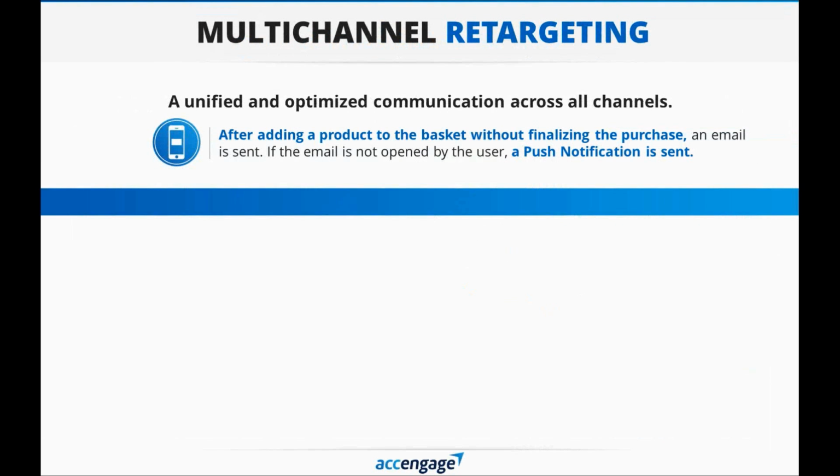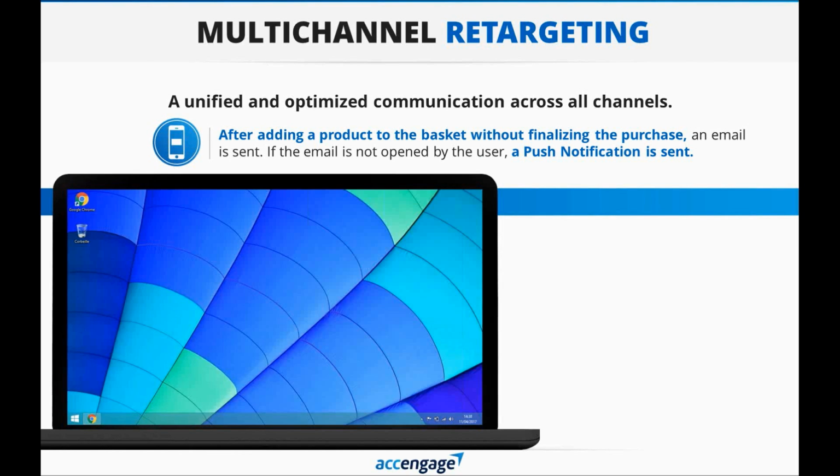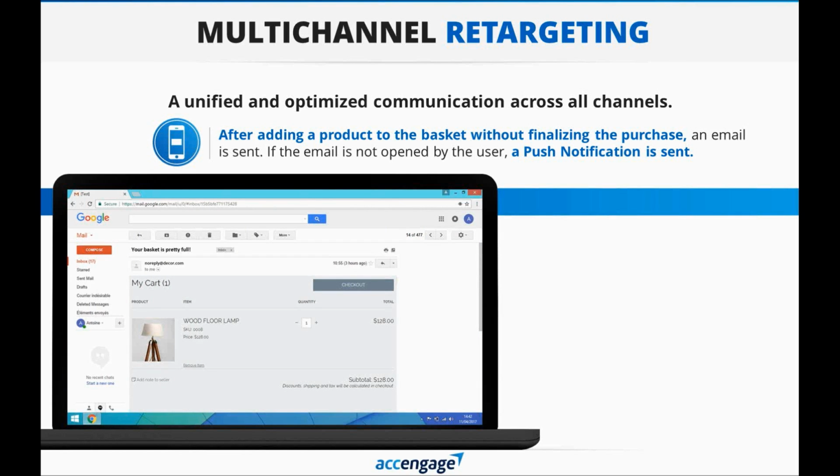You can do the same by integrating also the email channel. So if we look at this e-commerce website, the user is on the website, looks at a product, adds it to the basket, but doesn't go through with the purchase. In the first place, this user receives an email remarketing message.